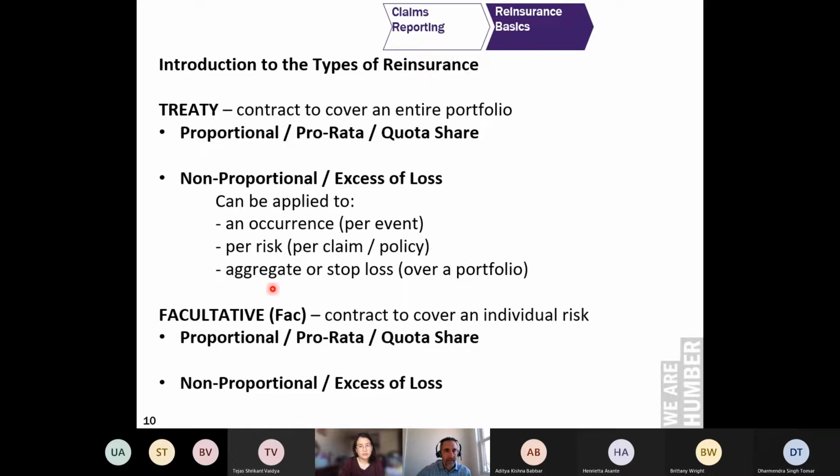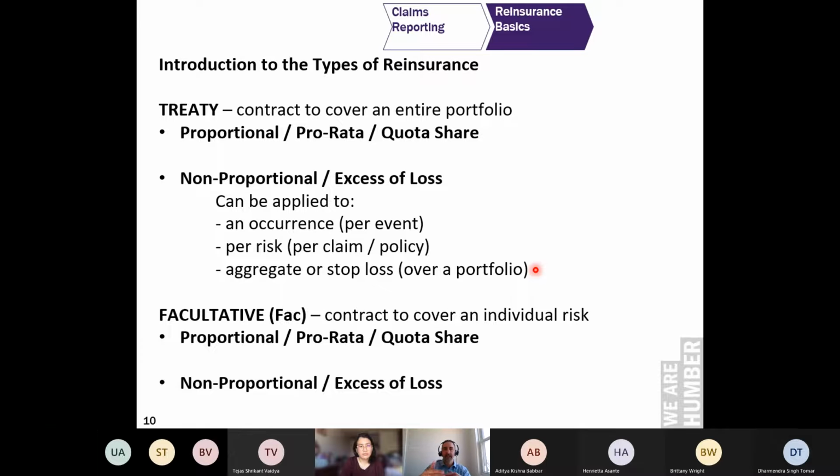Or it could be an aggregate or stop loss over a portfolio. So this one's maybe a bit more tricky to understand, but it could be that the agreement says the reinsurer is going to pay for claims if the insurance company has a loss ratio over 70% in total, then I'll take all claims over 70% loss ratio up to maybe 80%.